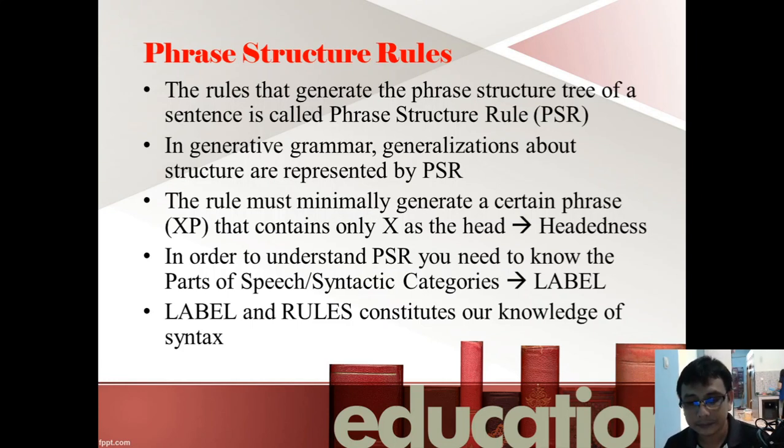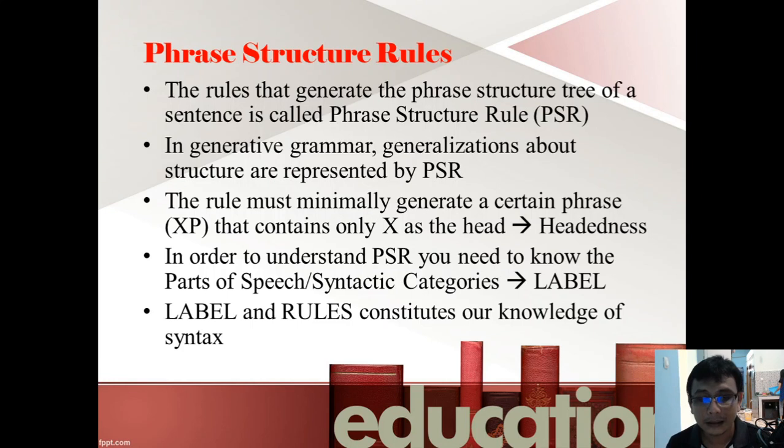This rule, okay, so this is a kind of introduction. We are going to go deeper into this in our next video. So the rule that we are talking about here must minimally generate a certain phrase that we call XP, that contains only X as the head. So I use X here as a variable that you can change into whatever category that you want.